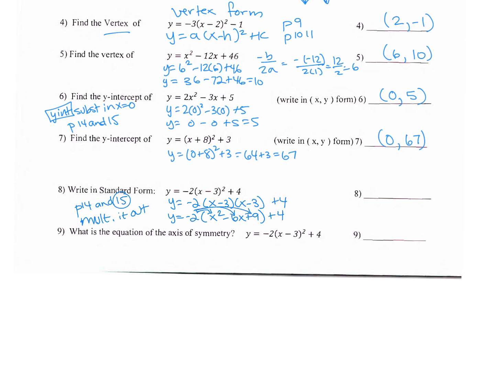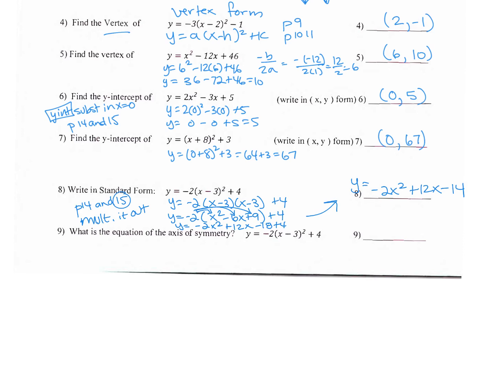Next, I need to multiply by that -2, and I get -2x squared plus 12x minus 18 plus 4, and that's going to give me -2x squared plus 12x minus 14 for my answer in standard form.